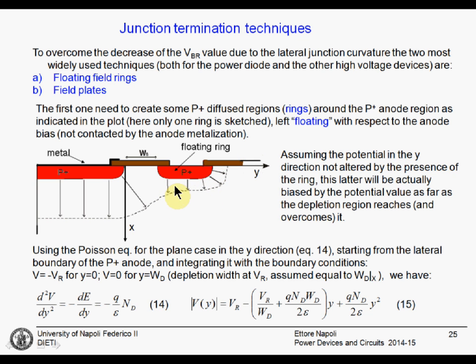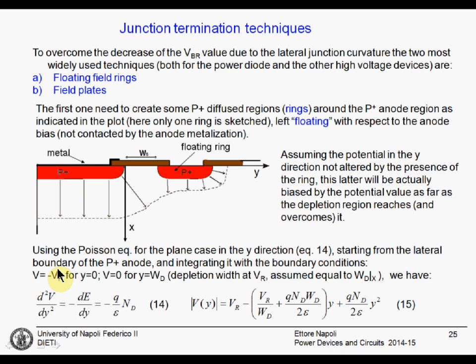this ring will be actually biased by the potential value as soon as the depletion region touches the ring and overcomes it. The idea is this one. When we are in reverse bias, this anode is at, for example, 0 voltage.